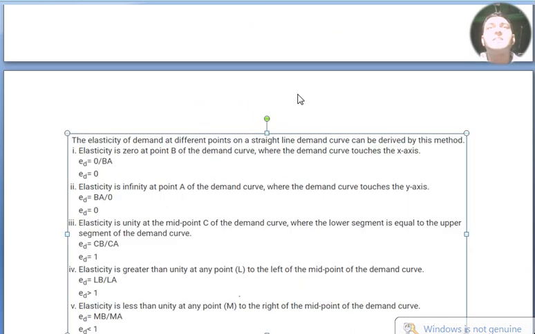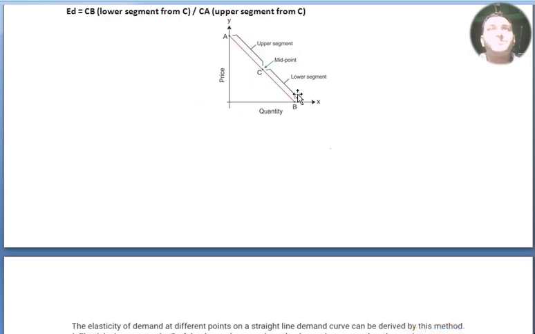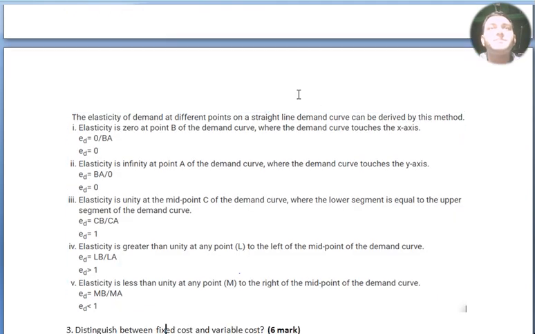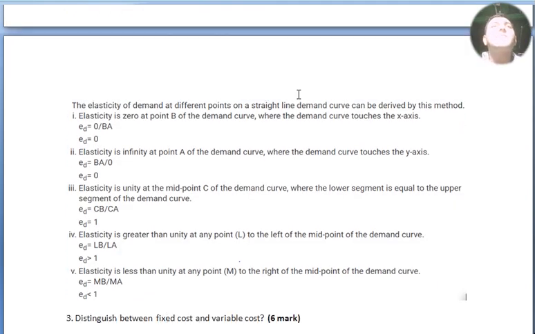Now you can see the diagram also. This is the diagram. And these are the measures we have to study. The elasticity of demand at different points on a straight line demand curve can be derived by this method. Elasticity is 0 at point B of the demand curve where the demand curve touches the x-axis. ED equals 0 by BA, which is 0.